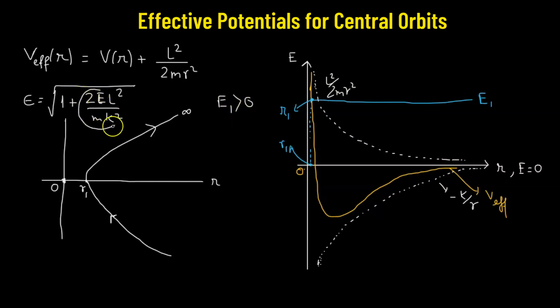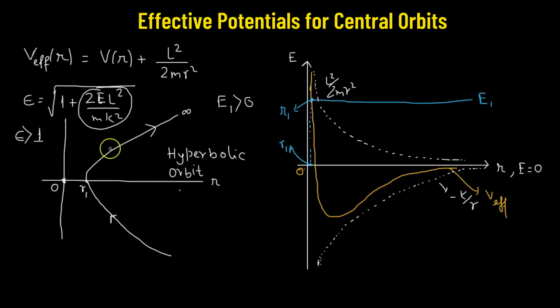This means this entire term is going to be a positive quantity, which is added to 1, and then we take a square root. That gives us a value of epsilon which is always going to be greater than 1. And we know that when the eccentricity is greater than 1, the trajectory is hyperbolic in nature. So we have a hyperbolic orbit.